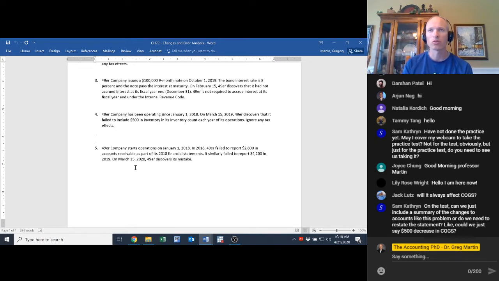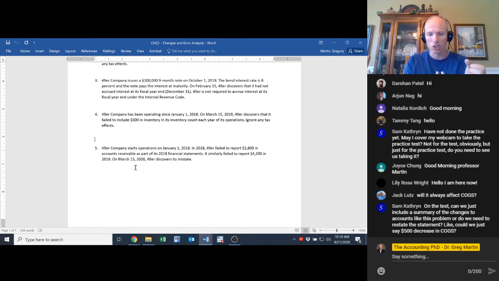And so the whole point is that the net mistake, or the incremental error, in 2019 is only 1,400. It's the 4,200 minus 2,800, and it doesn't matter whether or not the receivable from 2018 was collected. It doesn't matter, because if it was collected, then there's that undoing, right?